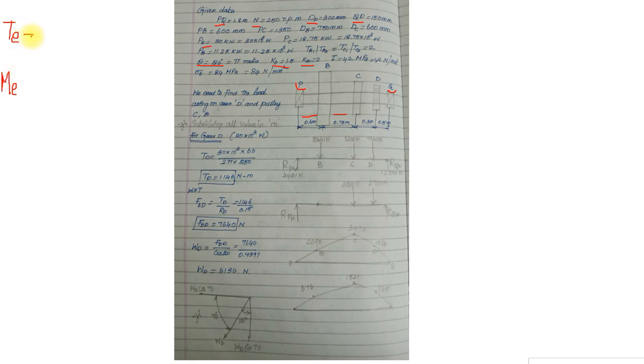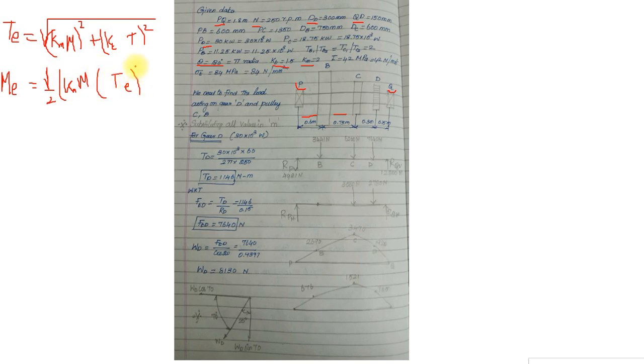In order to find TE in case of a fluctuating load, the formula is nothing but the square root of Km into M the whole square plus KT into T the whole square. And similarly, ME can be written as 1 by 2 into Km into M plus TE. Because the formula would be the same, these are the two formulas we are going to use.